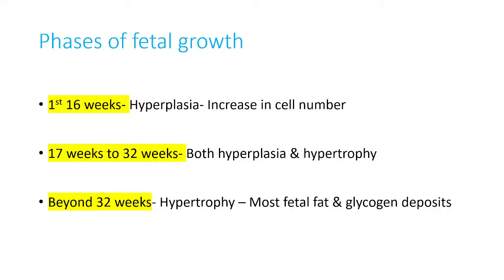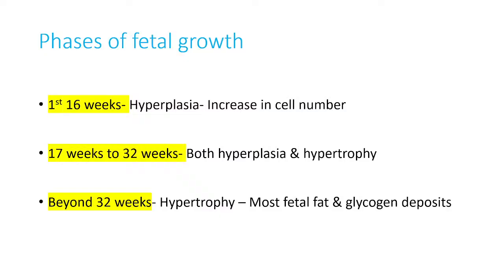From 16 weeks onward up to 32 weeks, both hyperplasia and hypertrophy will be there, and beyond 32 weeks, hypertrophy is mainly seen. That means in the late part of gestation, the cell number will not increase, only the cell size will increase. This is mostly due to fetal fat and glycogen deposition.